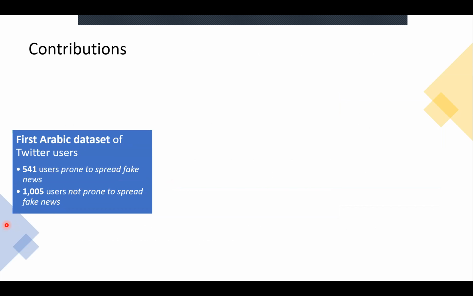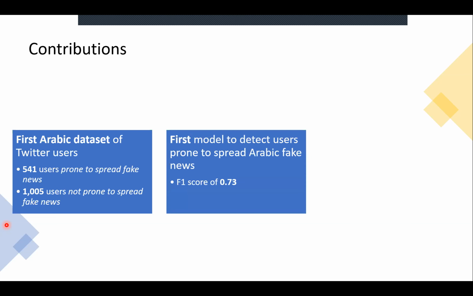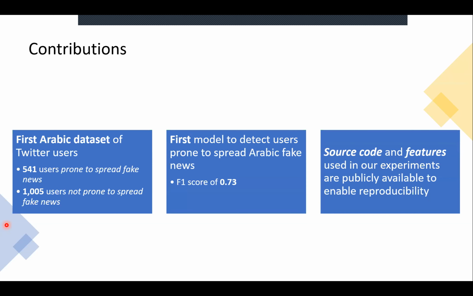The first class is the positive class, users that are prone to spread fake news, and the opposite class is users that are not prone to spread fake news. Second, we propose the first Arabic classification model for this task, and we achieve an F1 score of 73. Finally, we also make our source code and features publicly available to enable reproducibility.